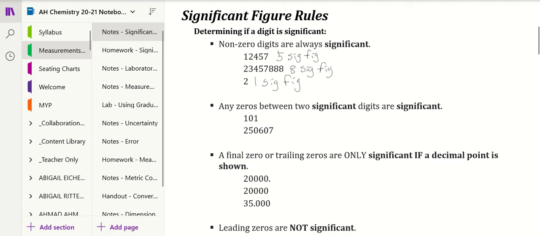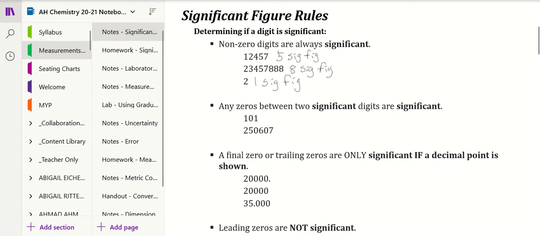Okay, the second rule, zeros. If all non-zero digits are significant, then we need to deal with when zeros are significant. The first rule is any zero between two significant digits is significant. So 101, how many significant digits does it have? 3.